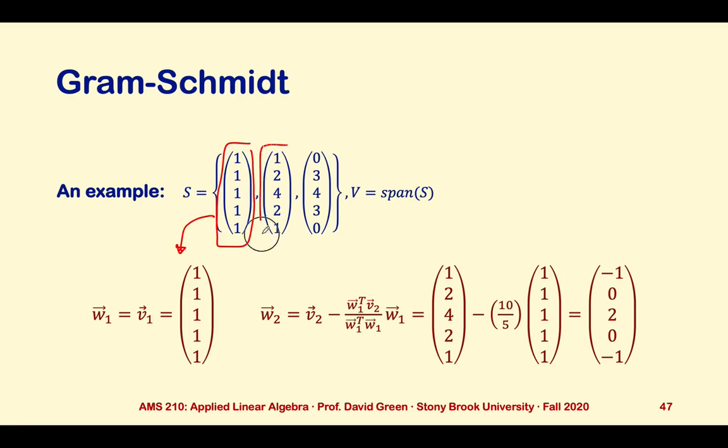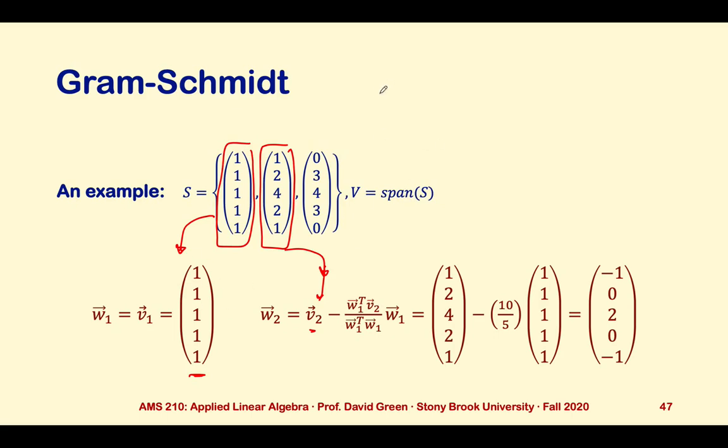What we do is we take the second vector in our list, and we need to work with this one. We start with that vector, V2, but we need to subtract off the projection of that vector onto the one we already defined.